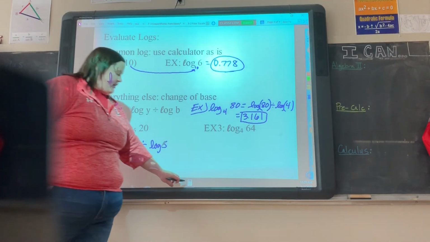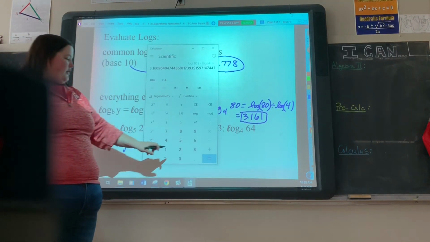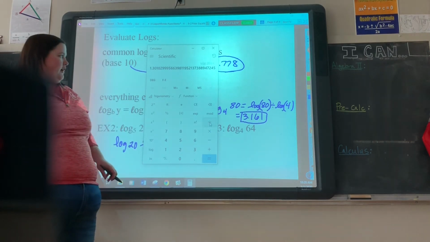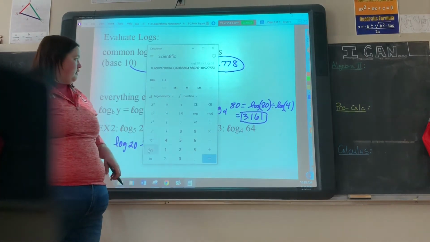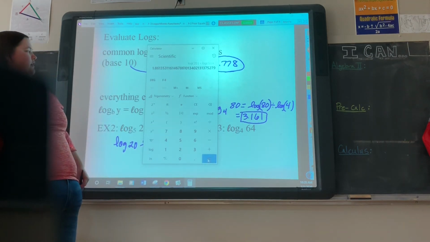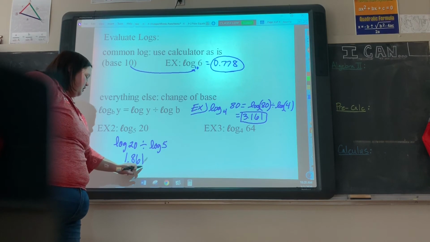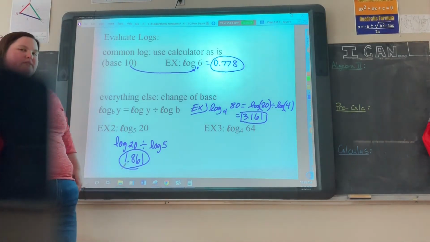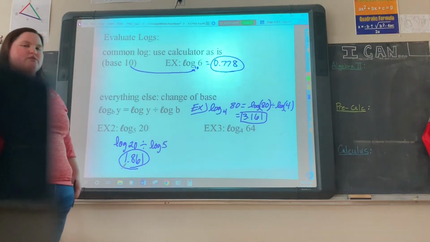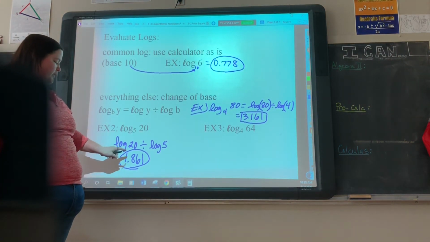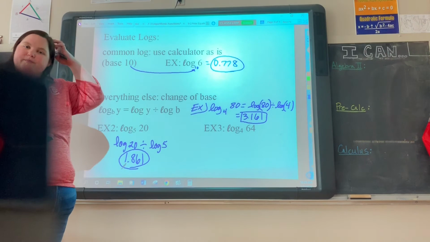I'm just going to show it on the board calculator. So I do log of 20 divided by log of 5, and then equals. We got 1.861. Again, I had a feeling it was going to be close to 2 because 5 squared is 25. So the exponent you put on 5 that equals 20 is 1.861.